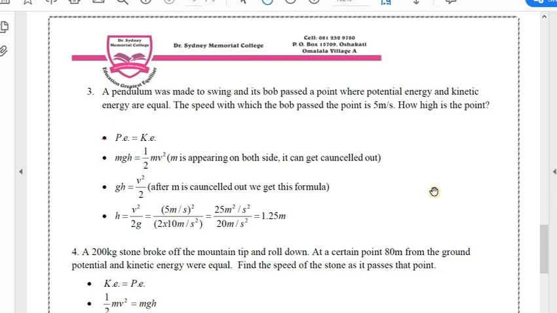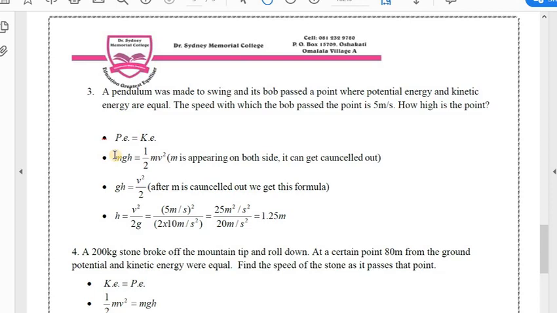So we are told that when the bob passed a certain point, don't worry if this point is in Oshakati or Ongwediva or on the pendulum or in the sky. It passed a certain point, and at this point, the potential energy was equal to the kinetic energy. So on the second step, we take the formula of potential energy.